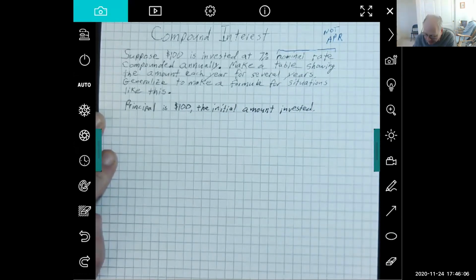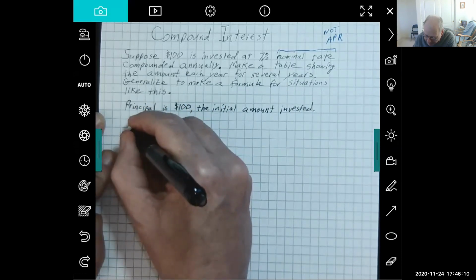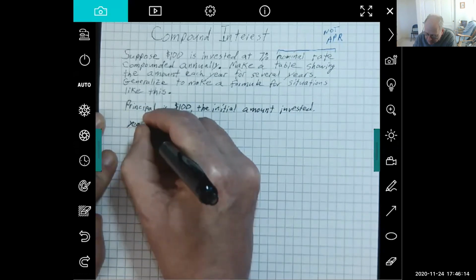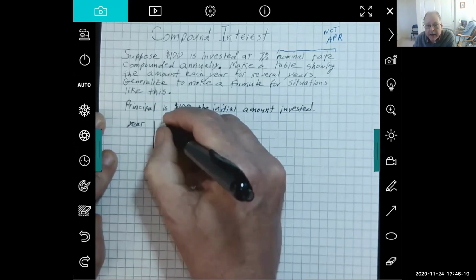Okay. And so I'm going to make this table with the year and the amount.